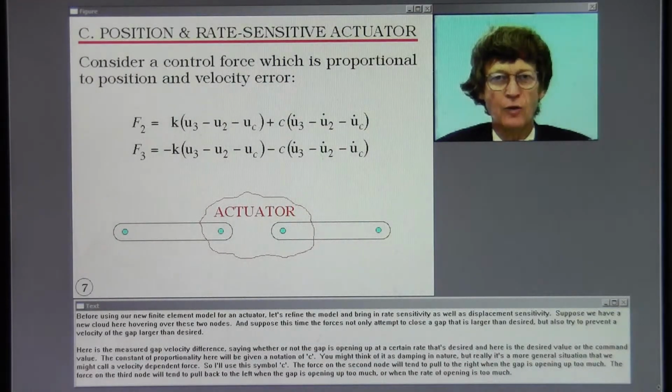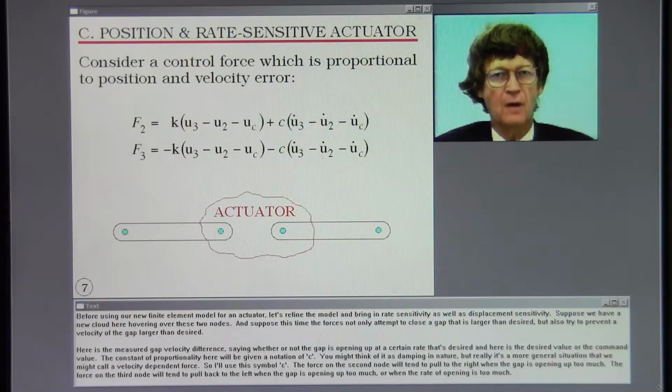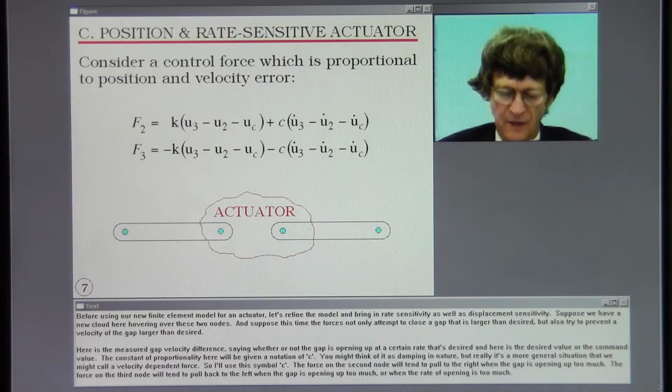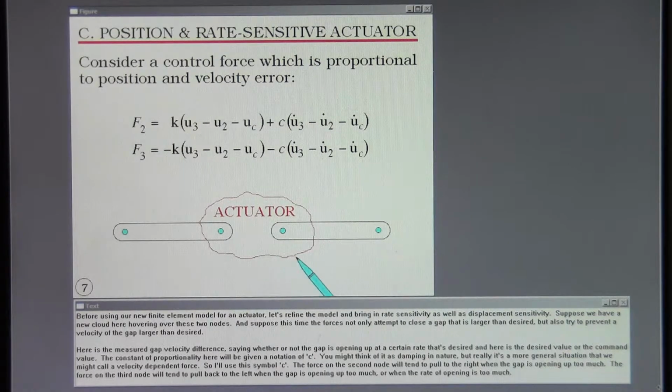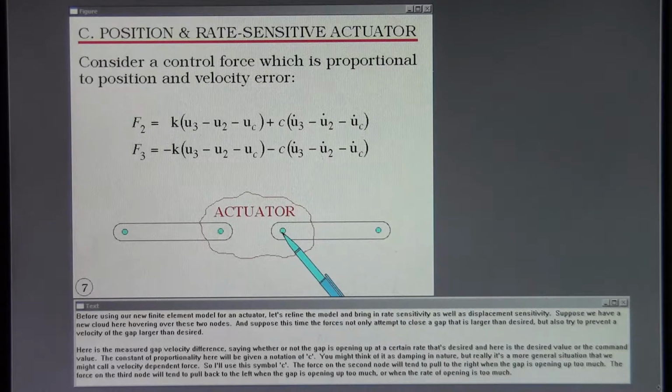Before using our new finite element model for an actuator, let's refine the model and bring in rate sensitivity as well as displacement sensitivity. Suppose we have a new cloud here hovering over these 2 nodes, and suppose this time the forces not only attempt to close a gap that is larger than desired, but also try to prevent a velocity of the gap larger than desired.